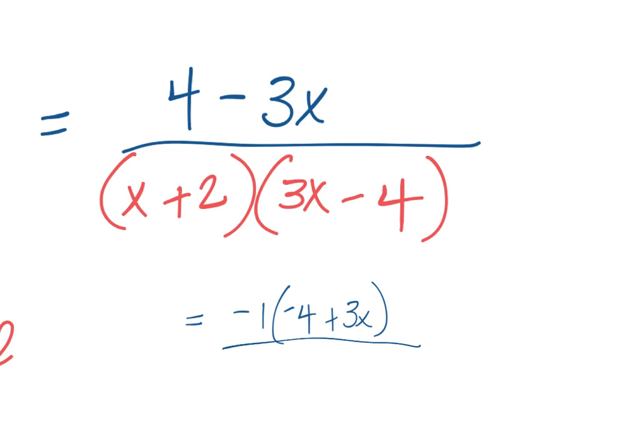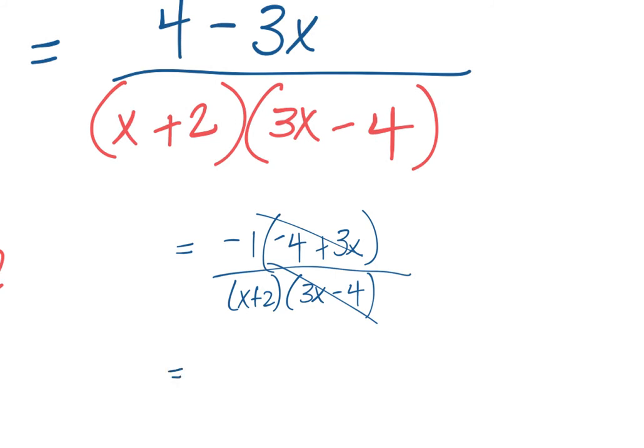And that is the same as 3x minus 4. I do realize they're in a different order, but the 4 is negative and the 3 is positive in both. So they cancel to leave us with negative 1 over x plus 2, which I prefer to write as negative 1 divided by x plus 2 with that negative out front.